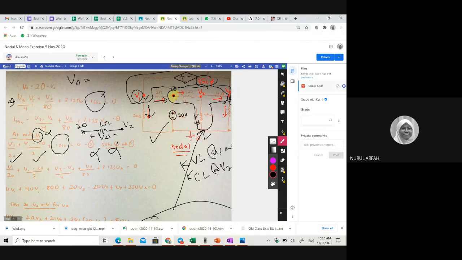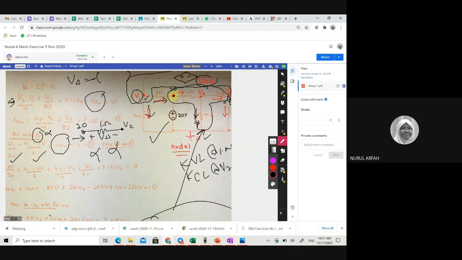So if you follow the passive sign convention, current direction will be to the right side. So what should you do? If you put the direction the other way around, in the opposite direction, you may do that, but you will have a negative outside.